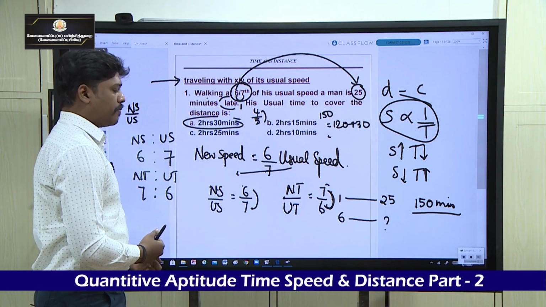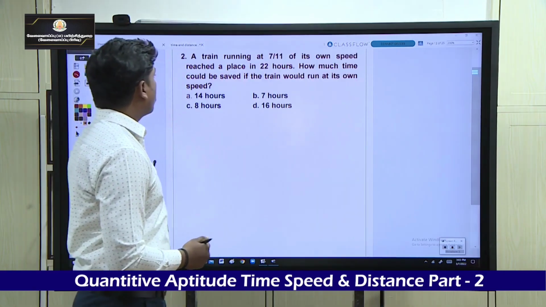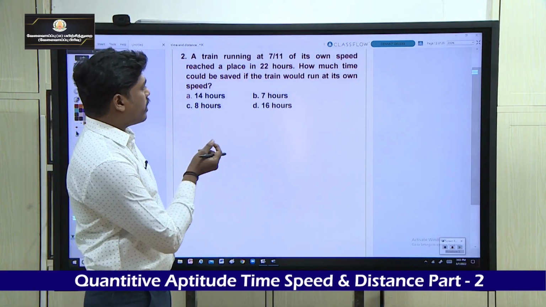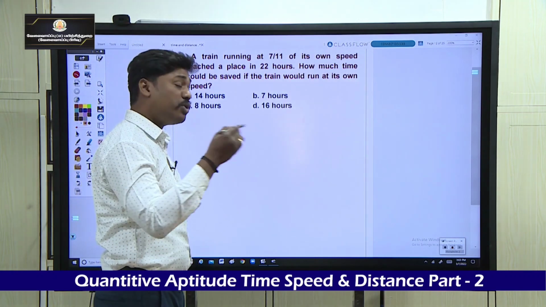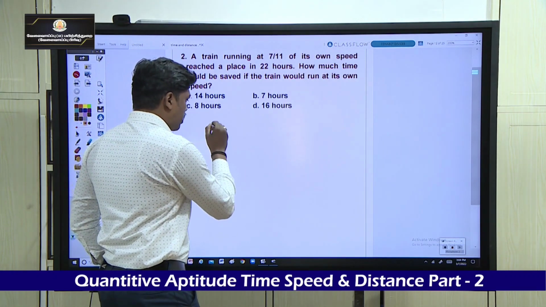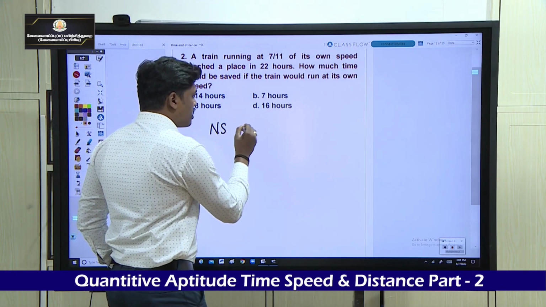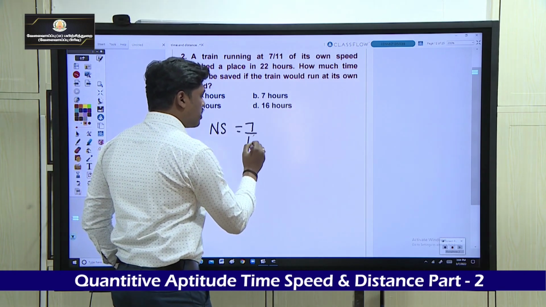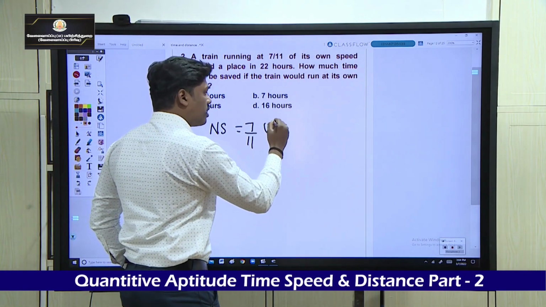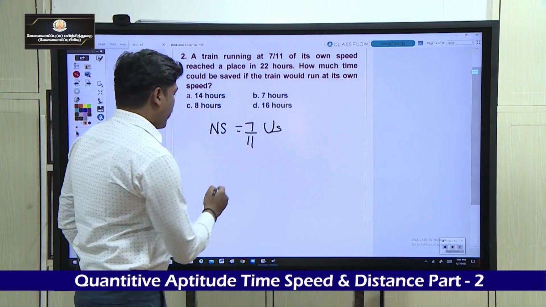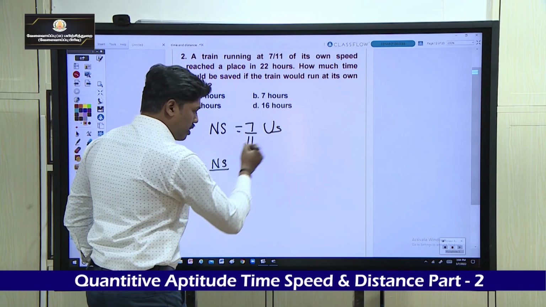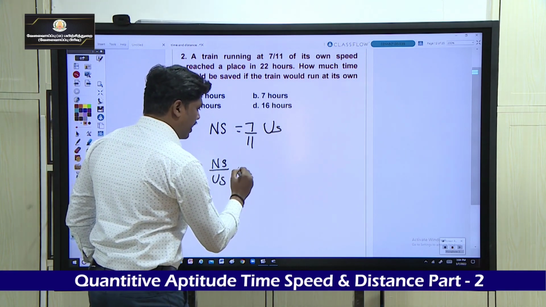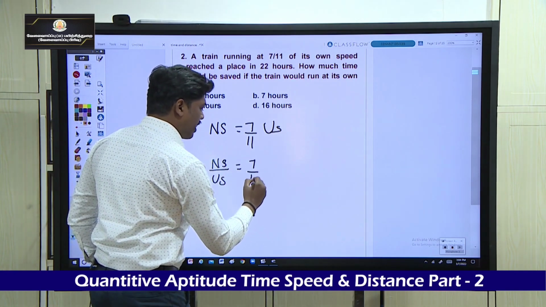Inversely proportional. The next question here is, look at the question. A train running at 7 by 11 of its own speed, which means the new speed is 7 by 11 of its own speed, which is the usual speed. So what we can do here is the new speed divided by the usual speed. You will be getting 7 by 11.